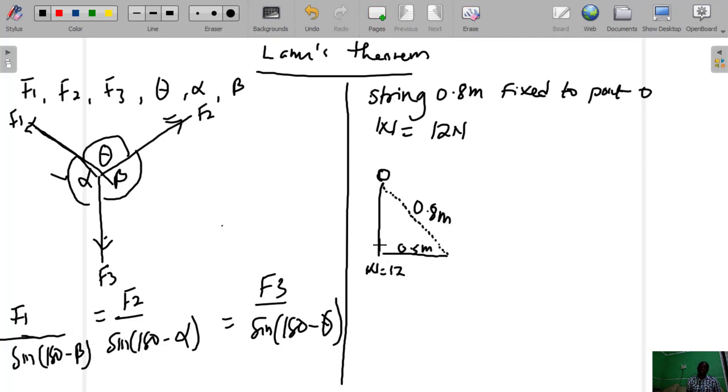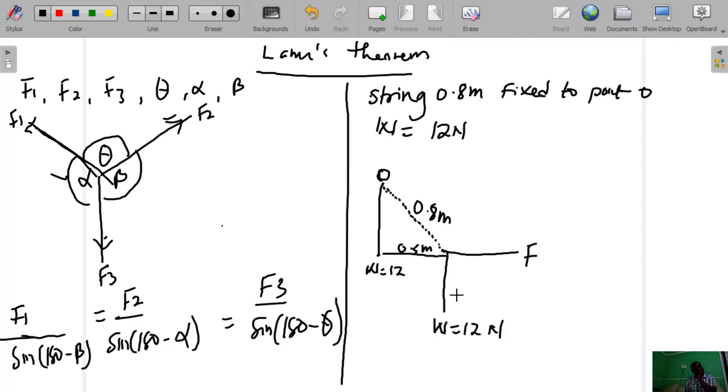So the weight will now come here, W is equal to 12 Newton. Then the force pulling it will be F.